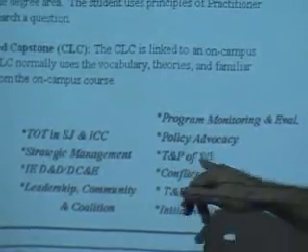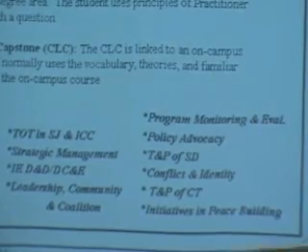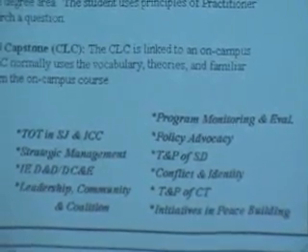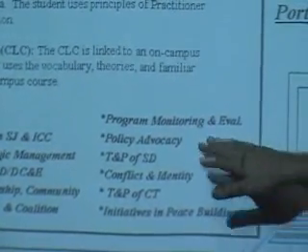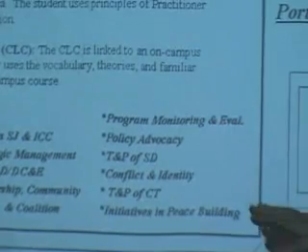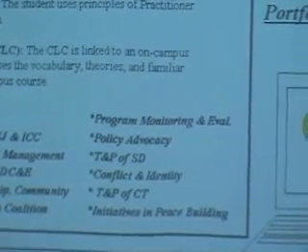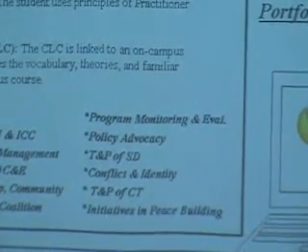Training of trainers in SJ and ICC, strategic management course, the International Education Design and Delivery, leadership, community and coalition, program monitoring and evaluation, policy advocacy, theory and practice of SD, conflict and identity, theory and practice of conflict transformation, or initiatives in peace building.